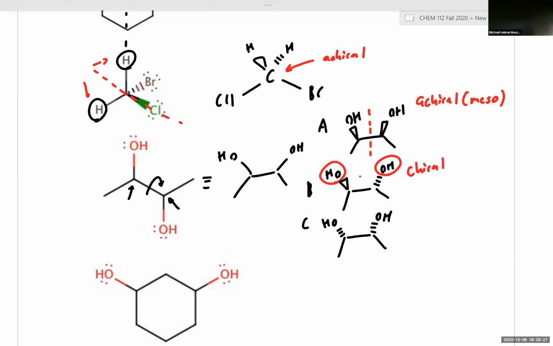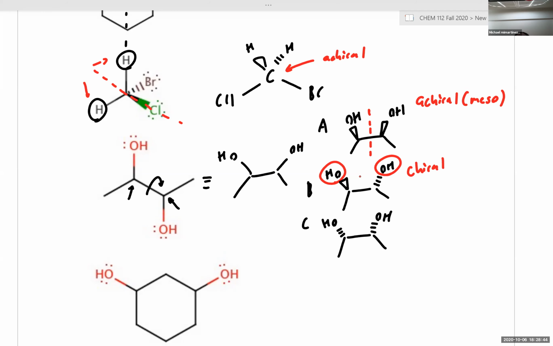Give me one moment to put everything together. Sorry about that. The model kit was blocking the camera. So let's build and showcase the enantiomer.